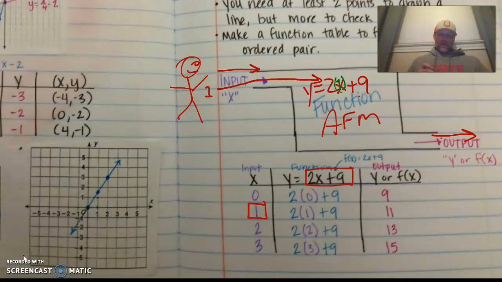What would come out? 2 times 1 is 2. 2 plus 9 is 11. So an 11 would come out, and that is this right here.